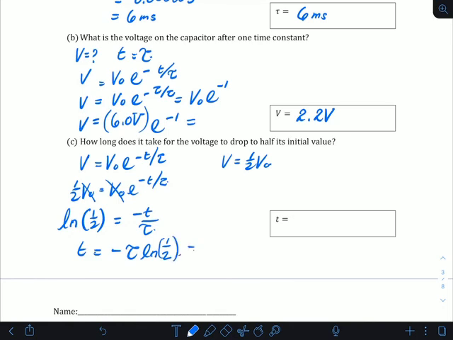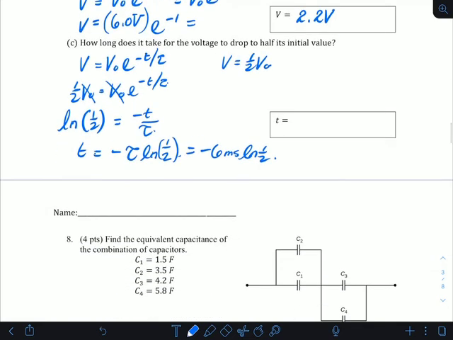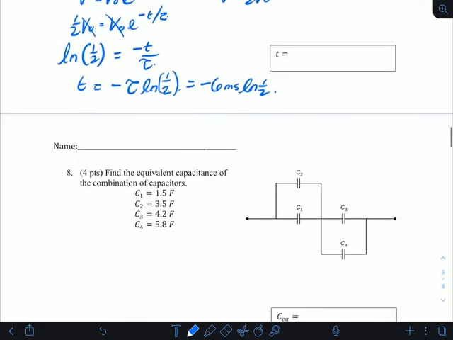We already calculated tau, so t is minus 6 milliseconds times ln of 1/2, and then calculate that value out, and then you'll find how long it takes for the voltage to drop to half of its initial value.